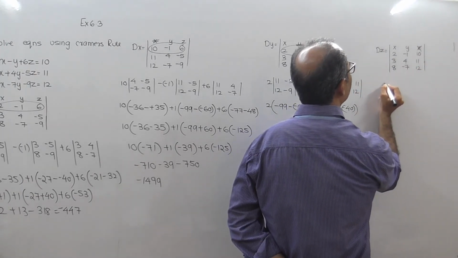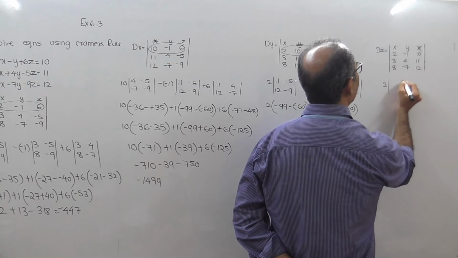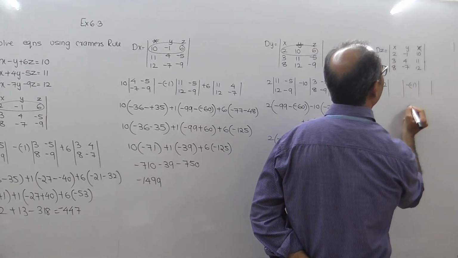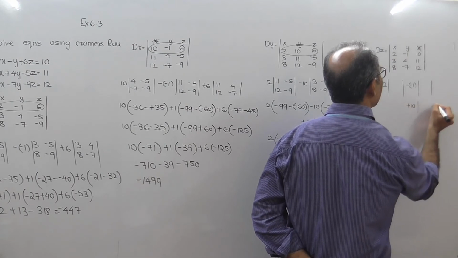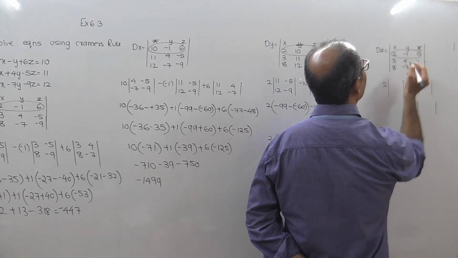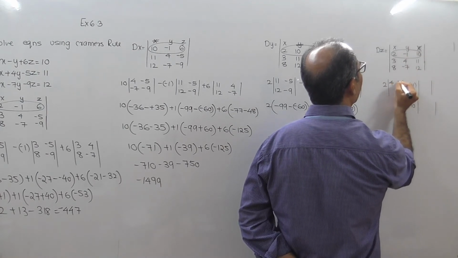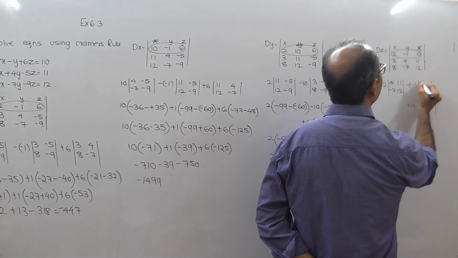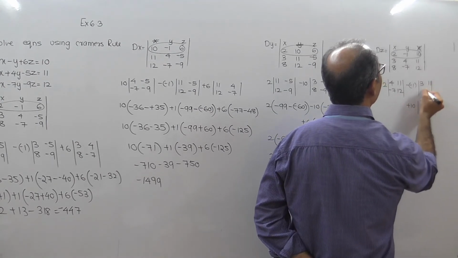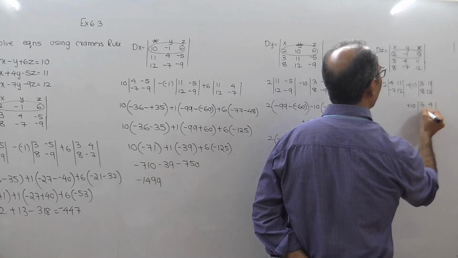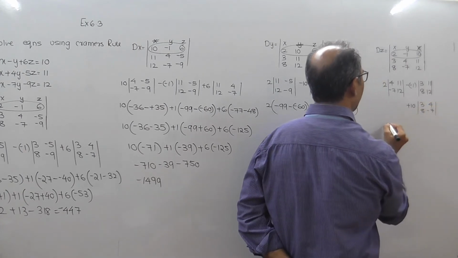So this is 2 determinant minus 1 determinant plus 10 determinant. So this is 4, 11, minus 7, 12. This is 3, 11, 8 and 12, and this is 3, 4, 8 and minus 7.